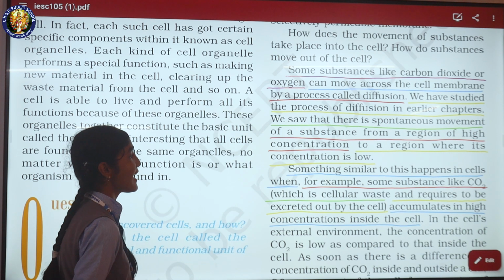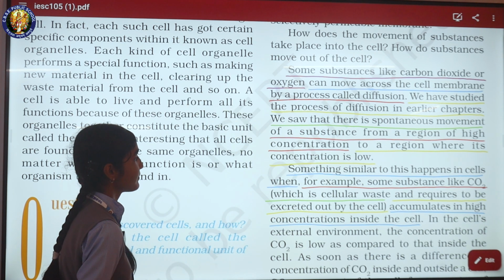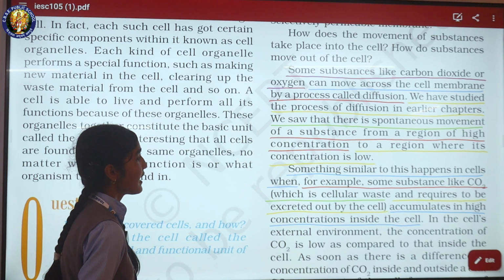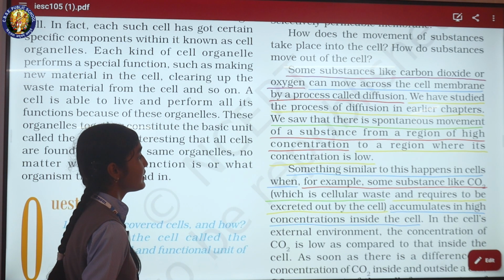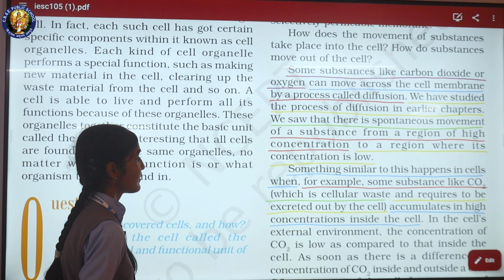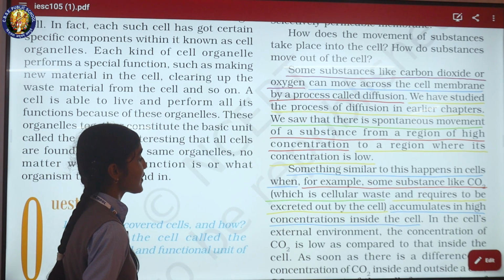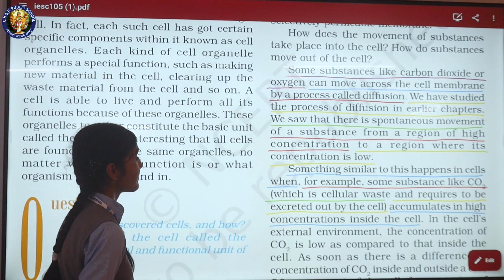Something similar to this happens in cells when, for example, some substance like CO2, which is cellular waste and requires to be excreted out by the cell, accumulates in high concentration inside the cell.